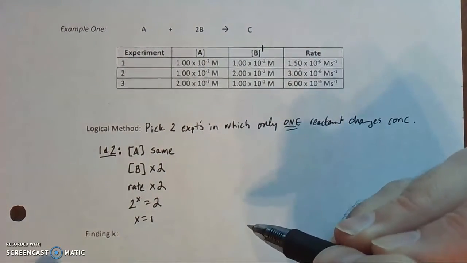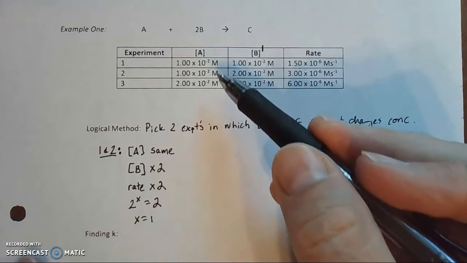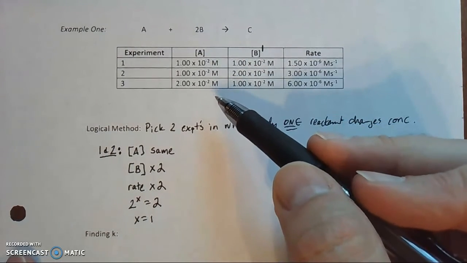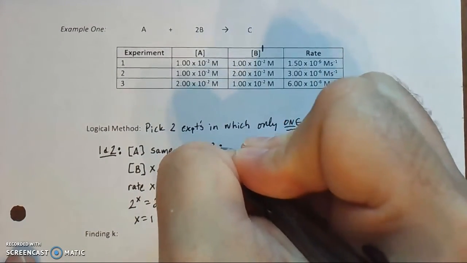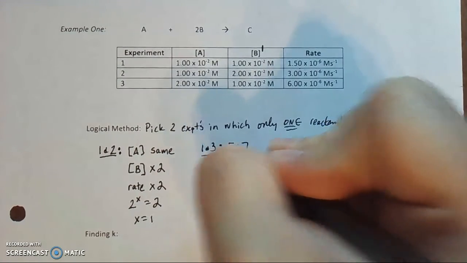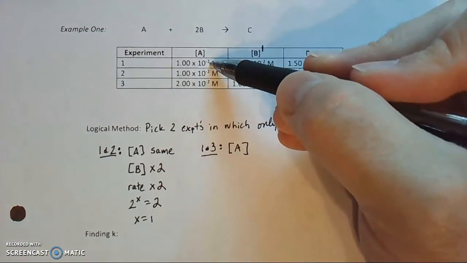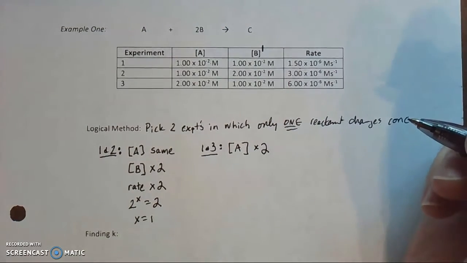Then I'm going to pick another set of experiments in which B stays the same and A changes. So I am going to pick experiments 1 and 3. If I look here, A goes from 1 times 10 to the minus second to 2 times 10 to the minus second. It doubles.